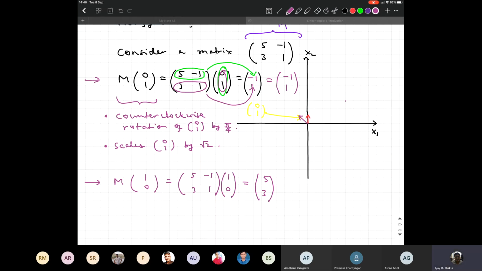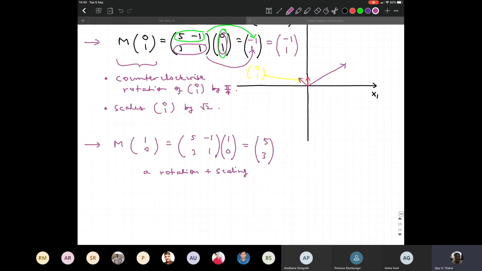So it really goes this long. So now there is again a rotation plus scaling. You can see that it is again a rotation plus scaling.